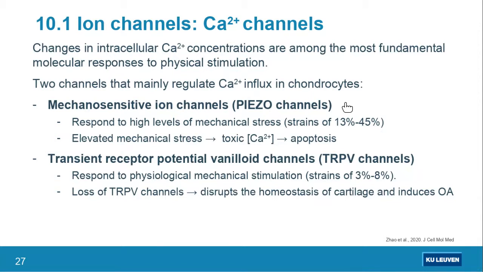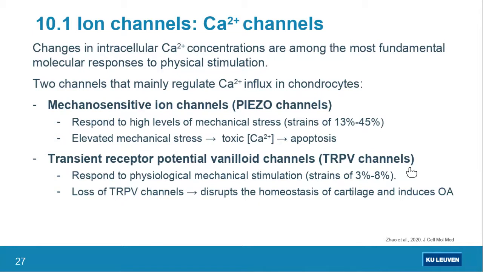And then we have the second type of channels, which are the TRPV channels. On the contrary to piezo channels, they respond to physiological mechanical stimulation, and are activated with strains of around 3 to 8%.